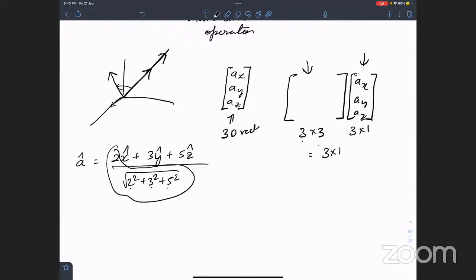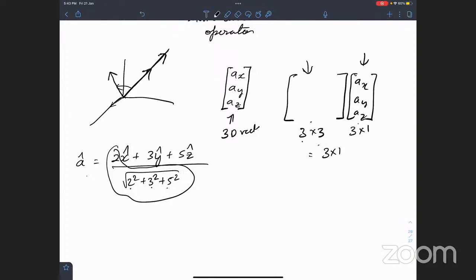Matrix multiplication is nothing but transformation of one vector into another vector. It's not just rotation. These need not be length preserved. I could have a longer vector, turn it into a short vector; any general transformation from one vector to another vector is covered by matrix multiplication.